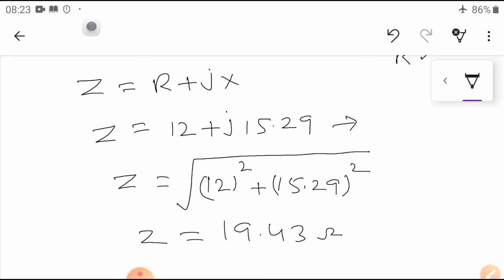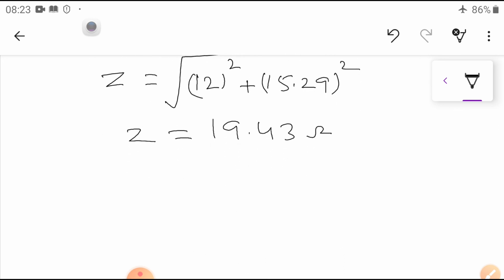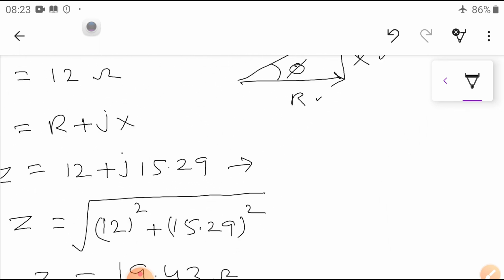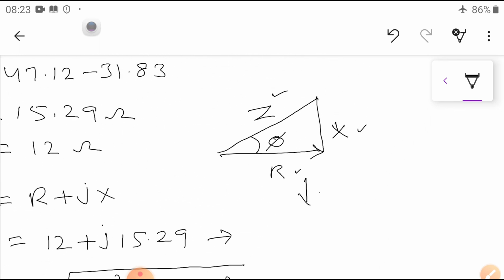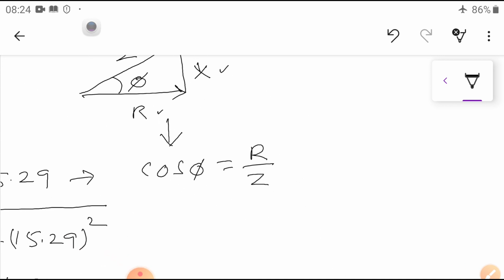Now if you know the Z, what is the current? At the same time you find the power factor also. From this diagram we are going to calculate the power factor, the cos phi. Cos phi is equal to R by Z. What is the R here? R is directly given, 12 ohms.